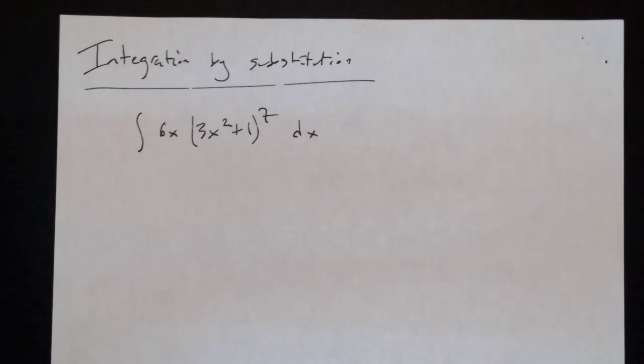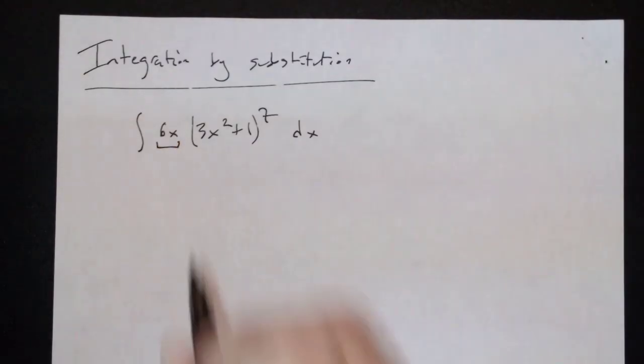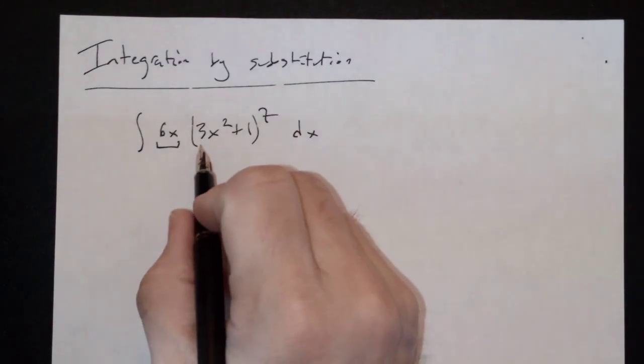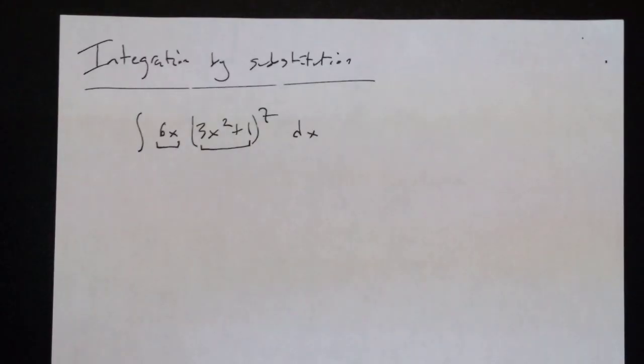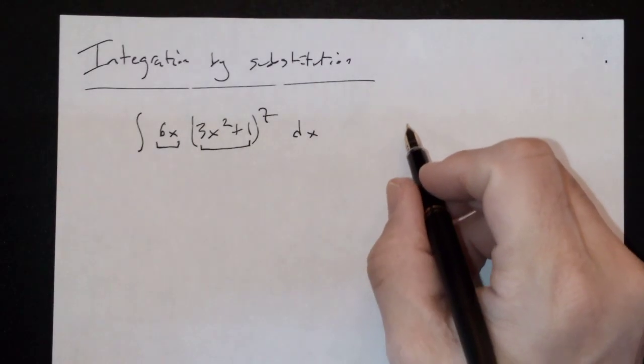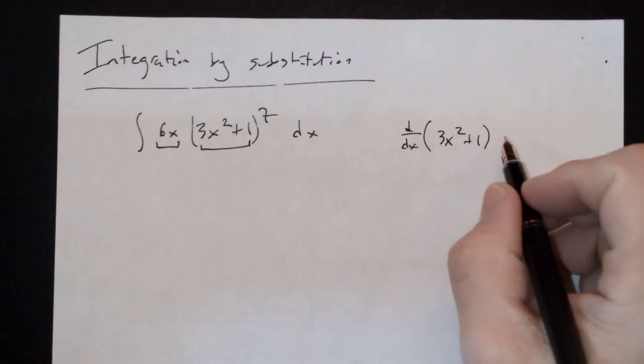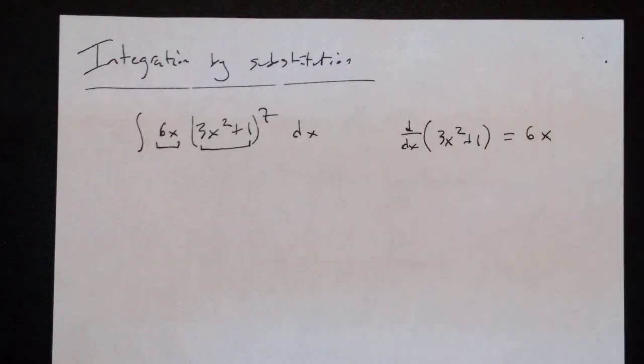But this appears to be related to this. So it's almost like that's our extra bit that pops out when we do the chain rule.